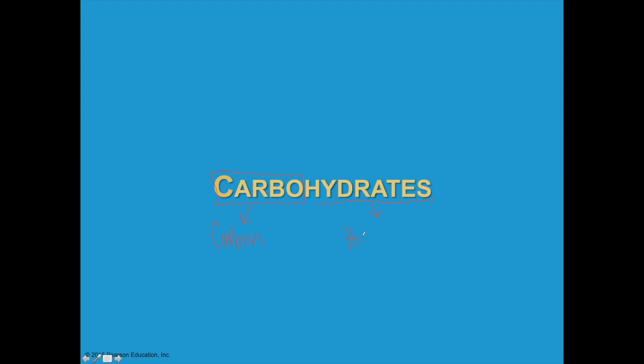Water is made up of hydrogen and oxygen, H2O. In any way, shape, or form, it's going to be hydrogen and oxygen. So a carbohydrate is a molecule made up of carbon, hydrogen, and oxygen. By definition, that is the definition, okay?